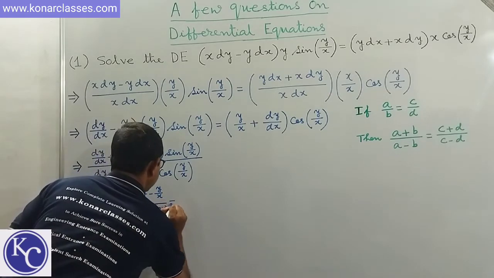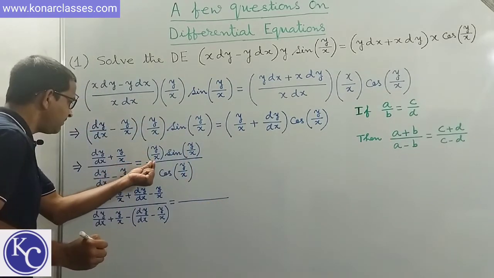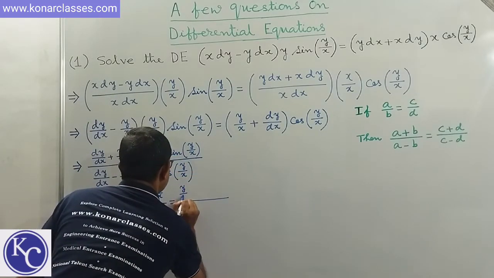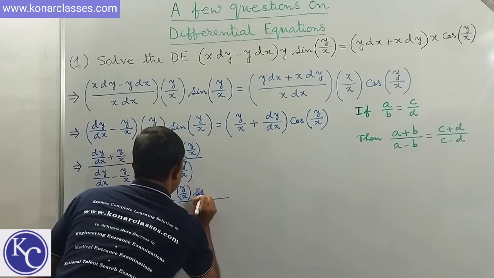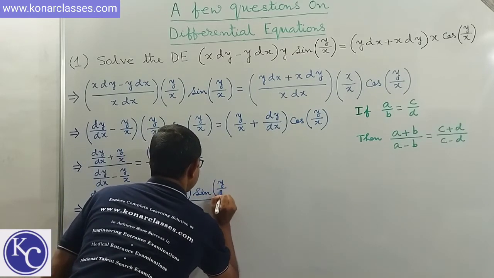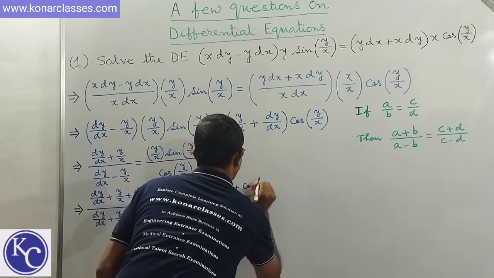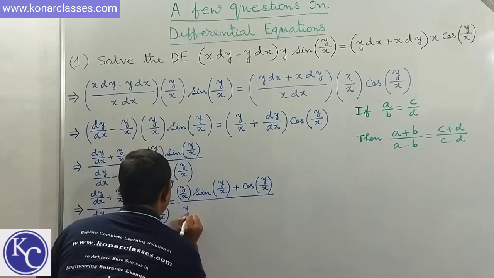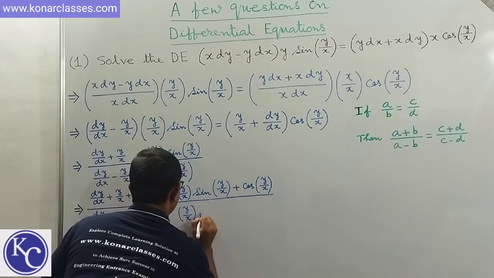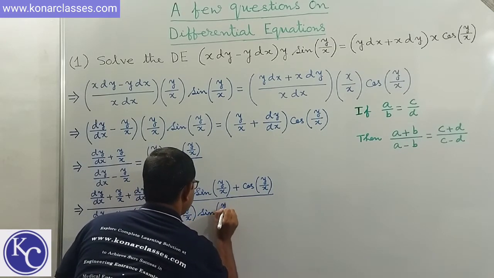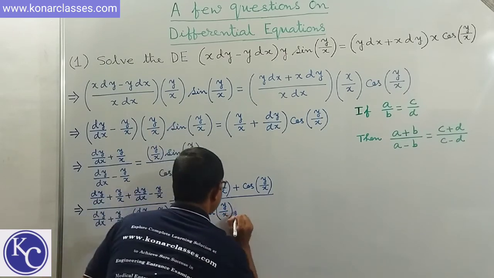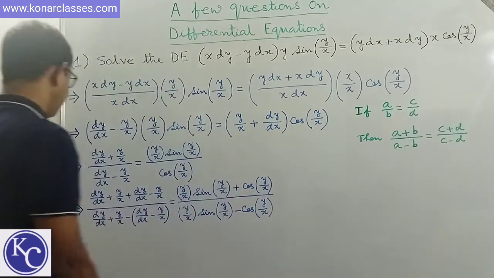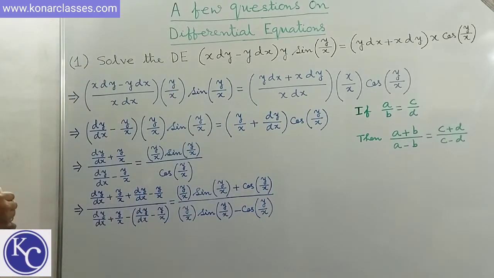And on the right hand side, in the numerator it will be y by x sin(y/x) plus cos(y/x), divided by y by x sin(y/x) minus cos(y/x), correct? We have applied componendo dividendo very well, okay?